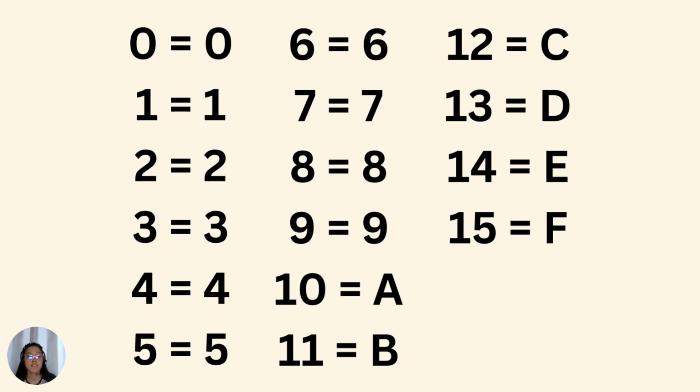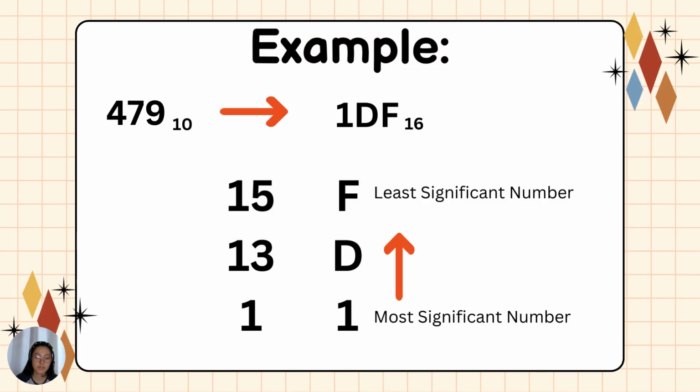So what I meant is 0 equals 0, 1 equals 1, and so forth until the ninth number, which is equivalent to 9. However, when it proceeds to number 10, it represents letter A, 11 B, 12 C, 13 D, 14 E, 15 F. So our answer is 1, 13, and 15.